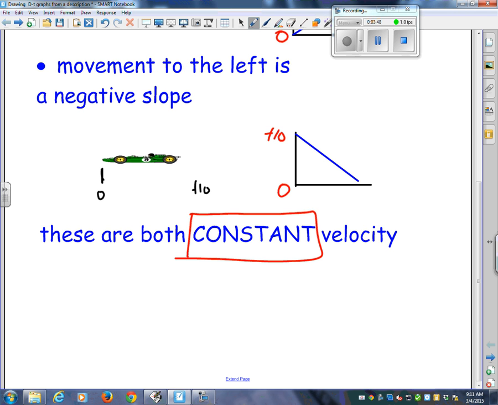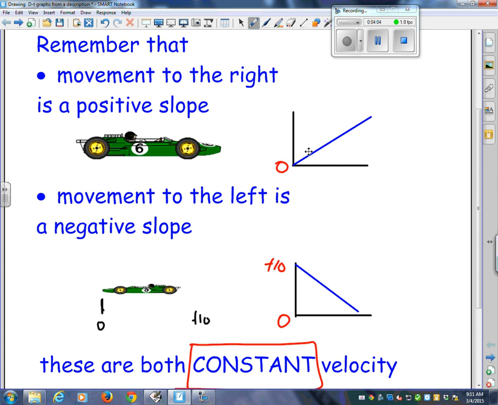It stays the same. Like if you're driving your car and you set it at cruise at 100, it's 100 from here to wherever you're going. If it's accelerating, then it's speeding up and or slowing down. Right? So these are both examples of constant velocity. How can I tell from the graph that it's constant velocity?